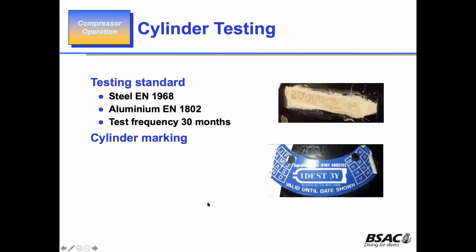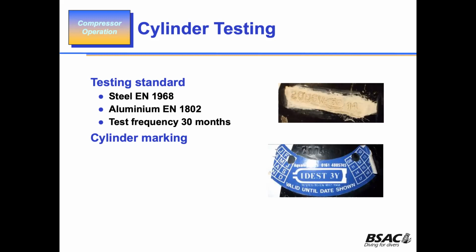Now, cylinder markings. I'll give you my knowledge on this one, which isn't good. You will see that marking stamped on the neck of the cylinder every time it goes through a visual or a hydrostatic. Now, not quite true. It may not be stamped on a visual. What happens now is you look at the next one down, which is the little blue label, the IDEST label.